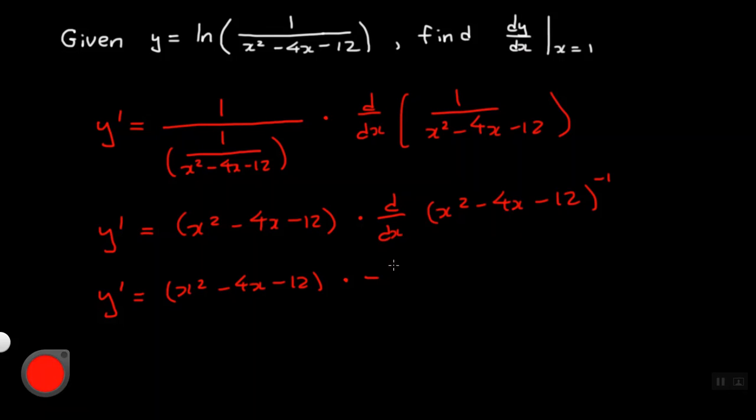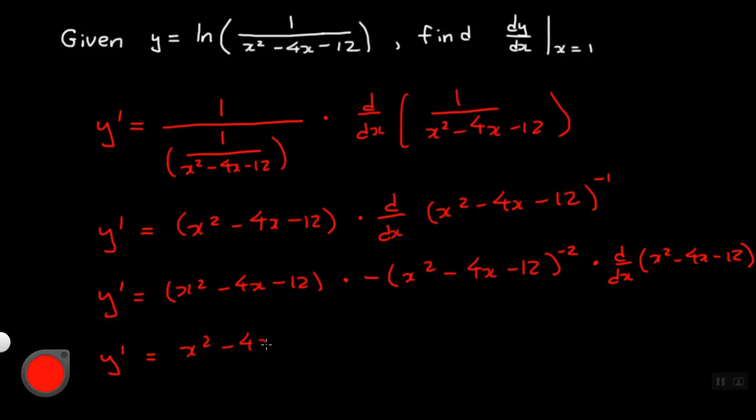So -1 comes down in front, since I'm differentiating the -1 power first. Then I have to multiply by the derivative of the inside quadratic, the derivative of x squared minus 4x minus 12. This is spiraling out of control, but we're almost finished. This is going to be x squared minus 4x minus 12, and I might start to move some stuff around.